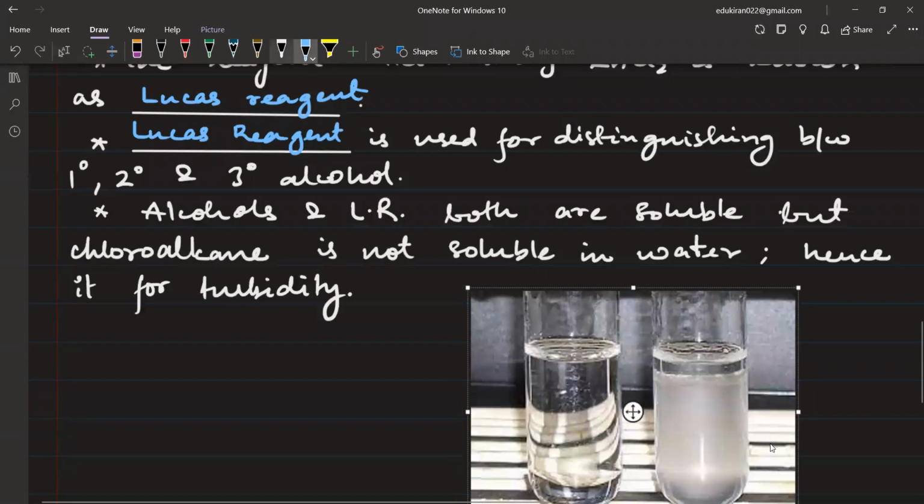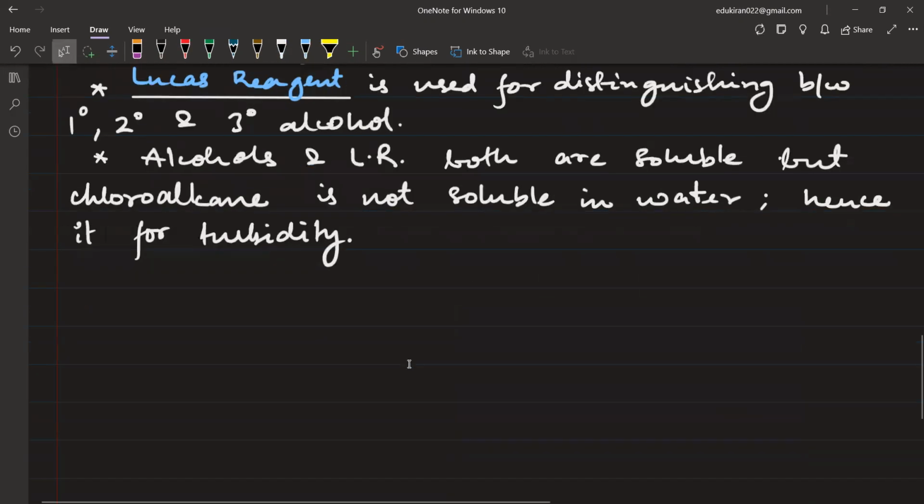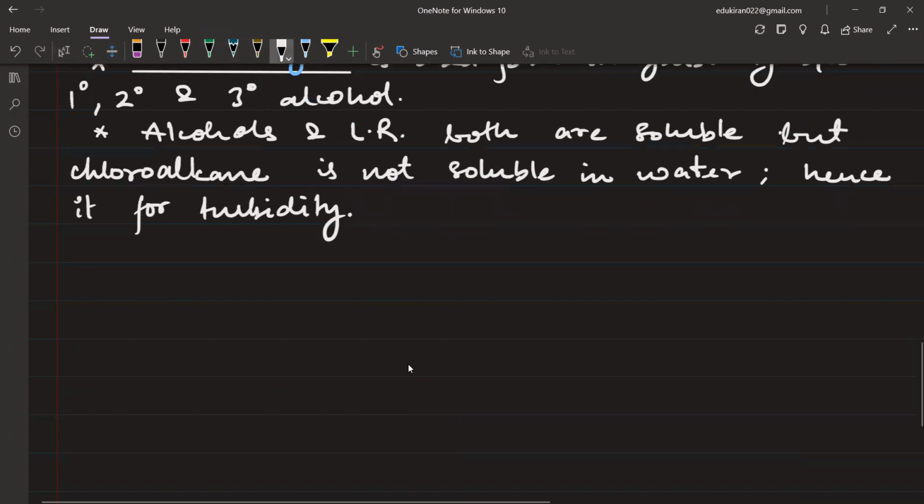Can you see this? This is clean water. This is turbidity. Okay. Got it, Umar? I hope you have got it now. Yes, sir. Okay. Right, next.